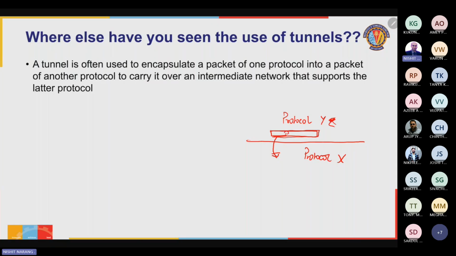It will just treat all of this as payload, as data. Take that payload and encapsulate it in its own frame, putting its own headers for protocol X. And this is what we call encapsulation, because this was a packet in its own right with all its own headers and data, but it gets encapsulated into a lower layer protocol. And now the lower layer network can ignore this part.